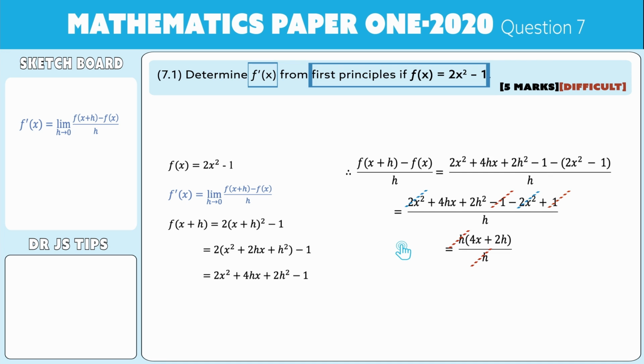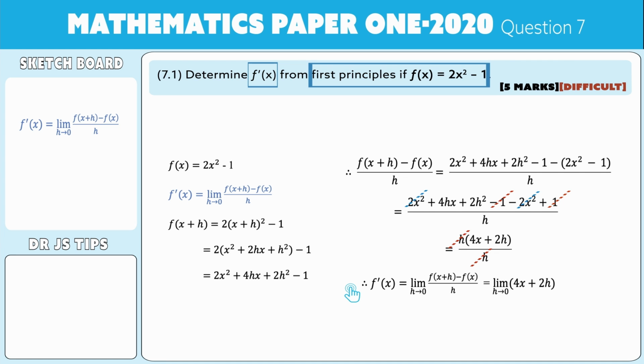I can say my first derivative with respect to x is the limit when h approaches 0 of f of x plus h minus the f of x, all of that over h. That is equivalent to the limit when h approaches 0 of this 4x plus 2h.